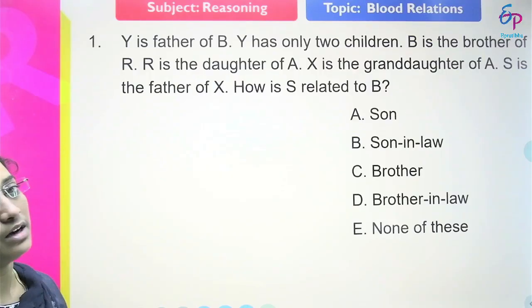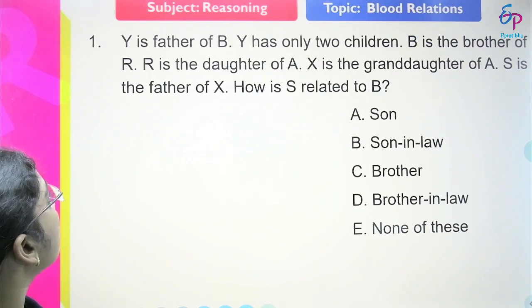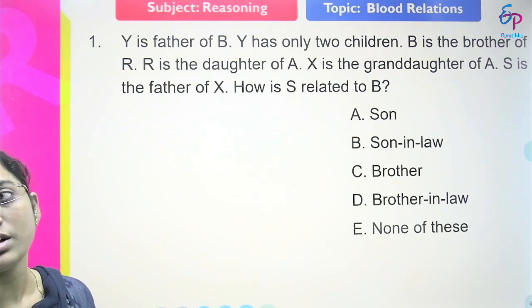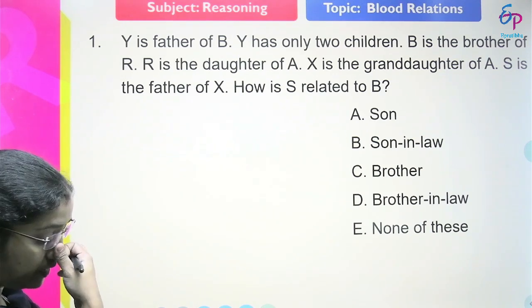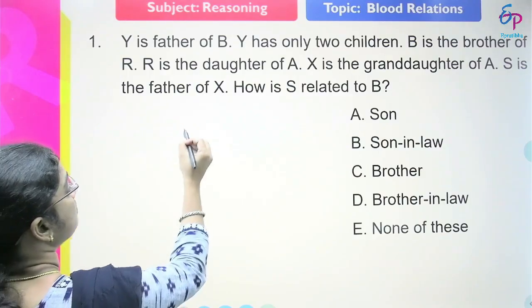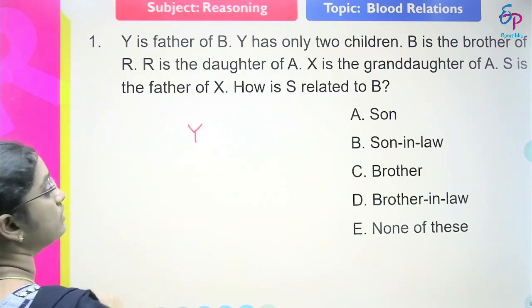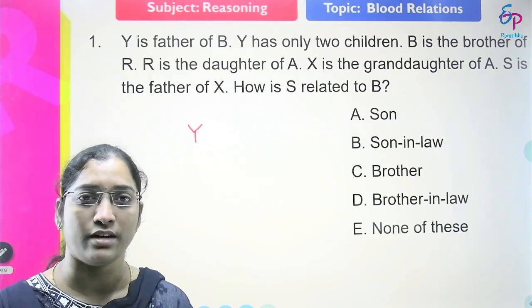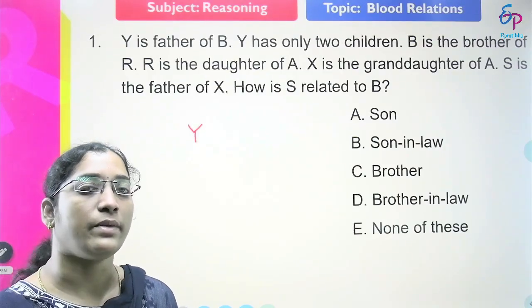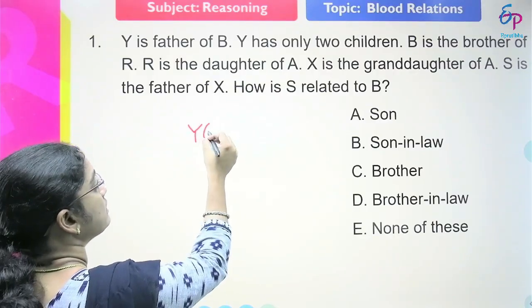So first I want to start my question. The first basic statement is Y is the father of B. So first I am taking Y is father of B. Just tell me, friends, does father mean a male or female? Definitely male, and for males we use the plus symbol, so I am taking the plus symbol first.